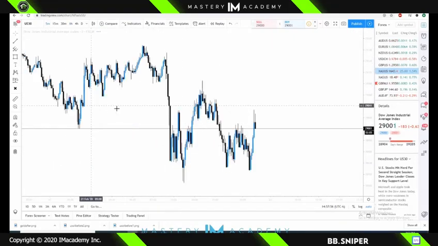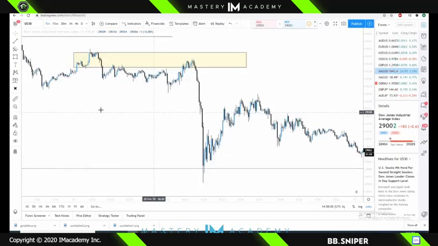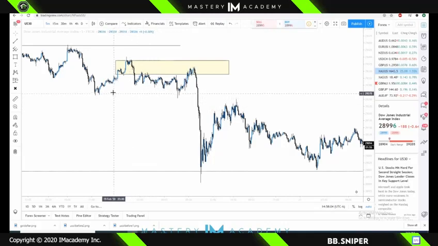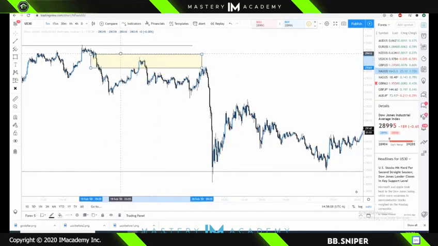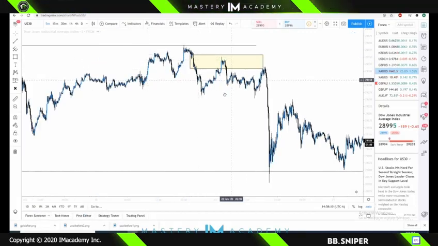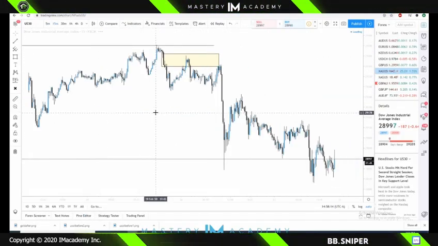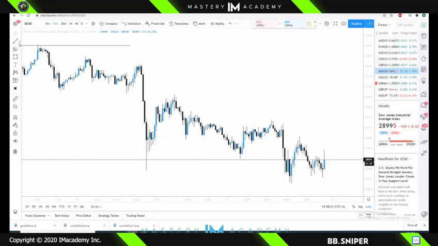And when we go to the 5 minute, this is the area that we were watching. Inside all of this, right, I'm just going to delete the box.